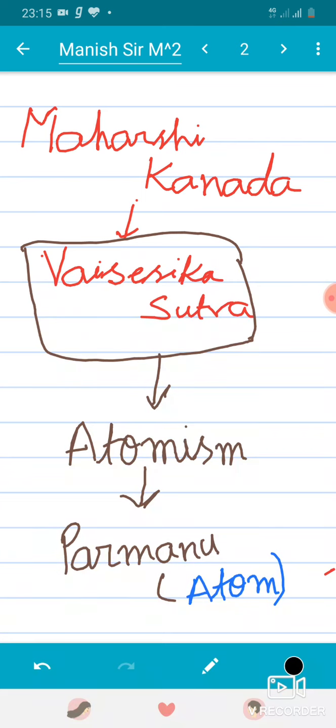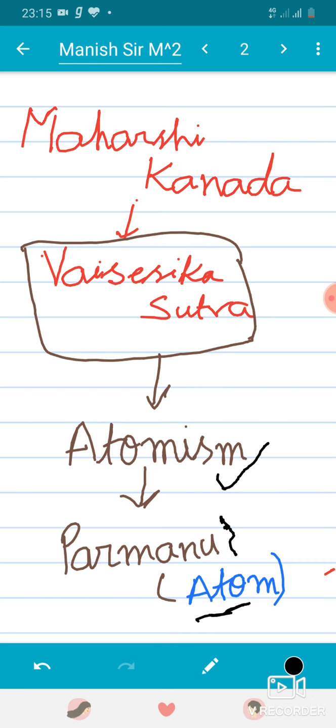The discovery of the atoms. Firstly, this concept was given by our Indian philosopher and scientist Maharshi Kanad. This theory of Maharshi Kanad is known as atomism. He says the smallest part of any substance is known as the Parmanu, which means the atom.